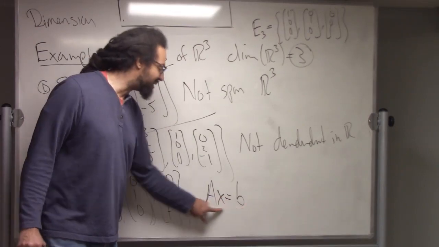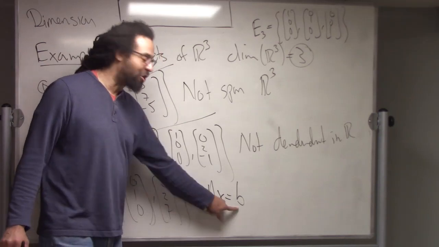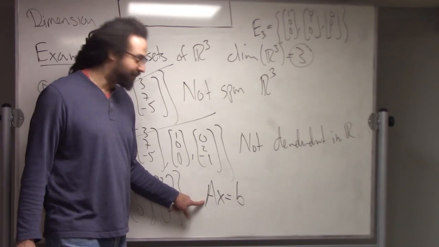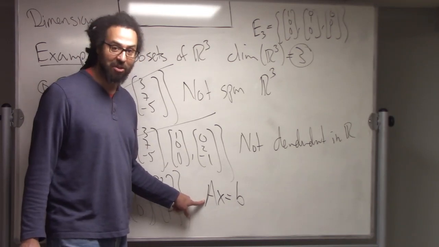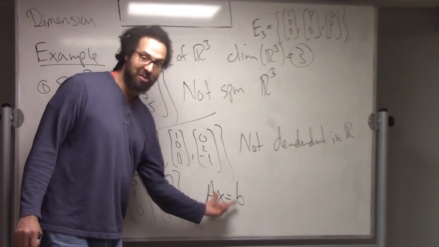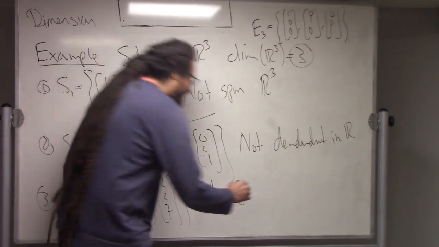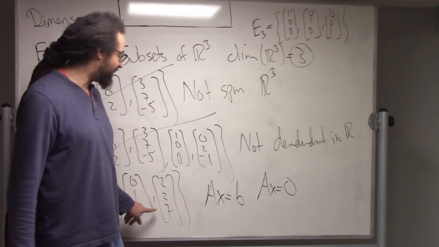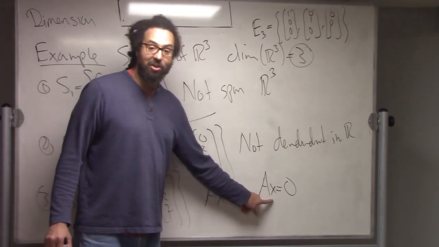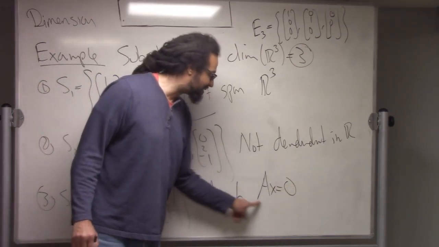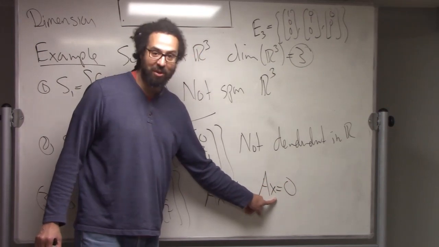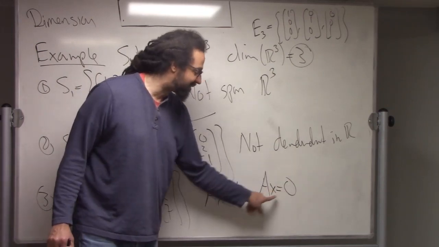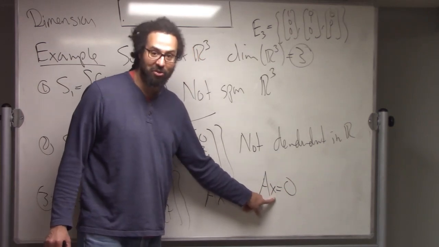Well, if this equation does have a solution, no matter what B is, then that solves the span problem. And when is it true that this thing will have a solution no matter what B is? That means the matrix A has to have a non-zero determinant. So this answers the span question. And then this question, is it linearly independent? Well, it's linearly independent if and only if this equation only has the trivial solution. And when is it true that a homogeneous system has only the trivial solution?